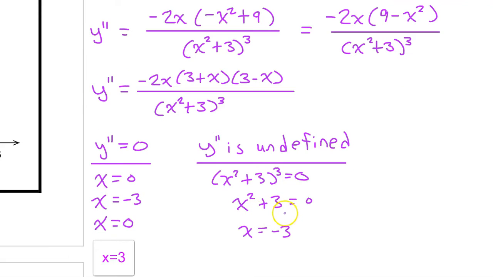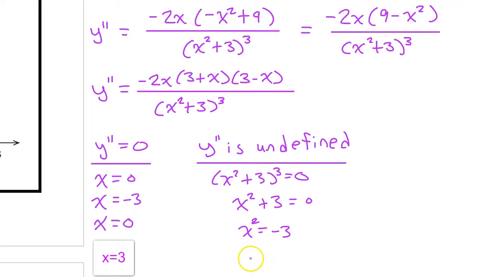If you went through the motions and tried to solve it, it would look like this. If you take the cube root of both sides, you get x squared plus 3 is equal to 0. Subtracting 3, you get x squared equals negative 3. Maybe right here you stop and realize that you can't square something and get a negative. That would be silly.